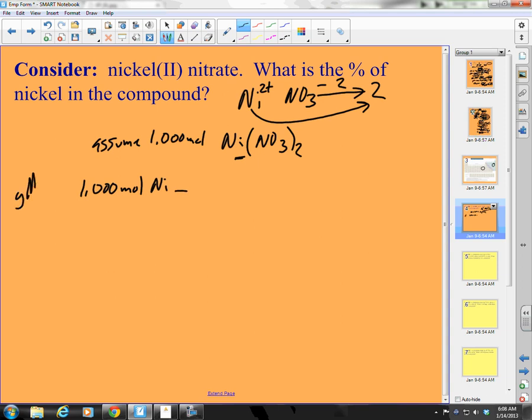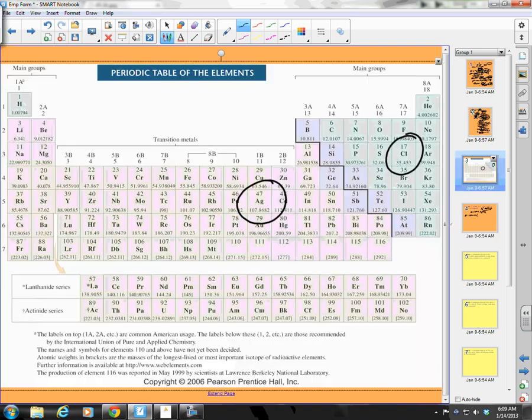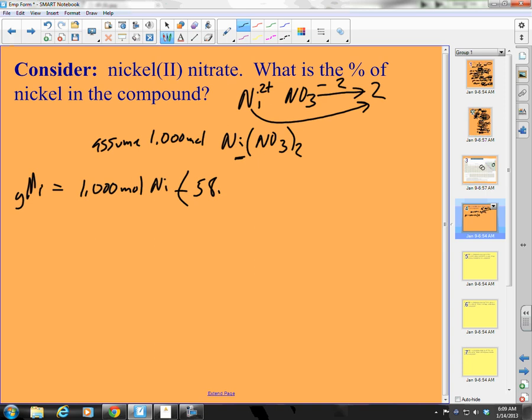So grams of nickel equal 1 mole times what? The molar mass of nickel. Right there. 58.69, that's not a negative. 58.69 grams per mole of nickel. And so I would have 58.69 grams of nickel.